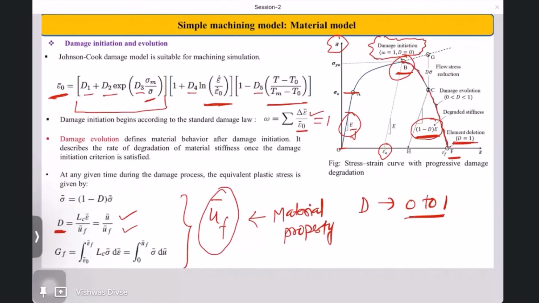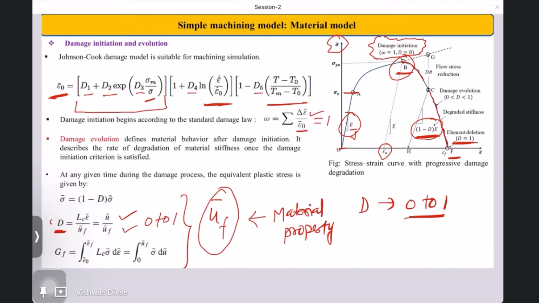We can calculate it from strain at fracture also. Fracture strain, you know, is a material property. From that we can calculate displacement at fracture. Once this ratio becomes 1, your element will be deleted. So it will go from D equal to 0 to 1. It will evolve as U bar is increasing.